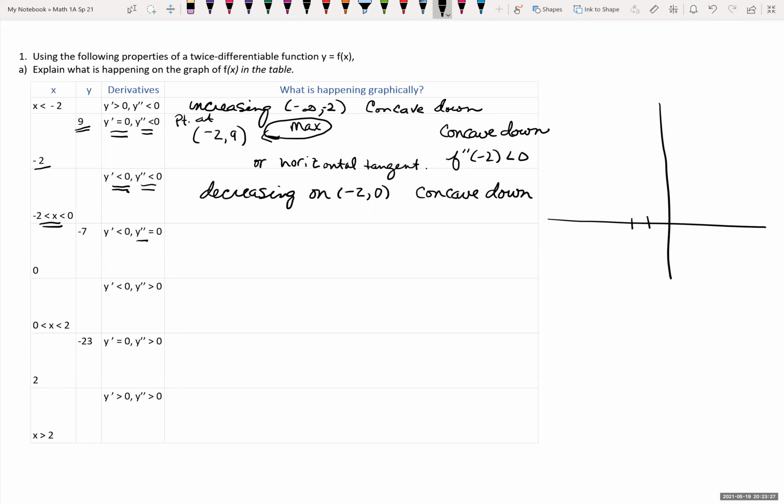We're going to have a point at -2, 9. It's decreasing from -2 to 0. It's still concave down, so we're going to have some sort of a max there until we hit 0. Oops, except that's not going to work with my graph because of the next piece.